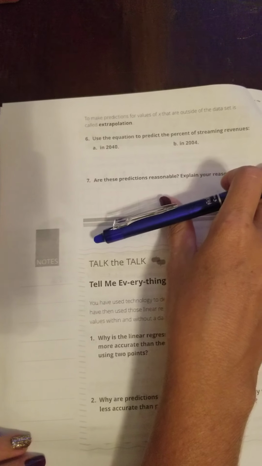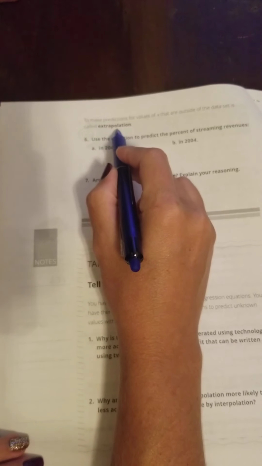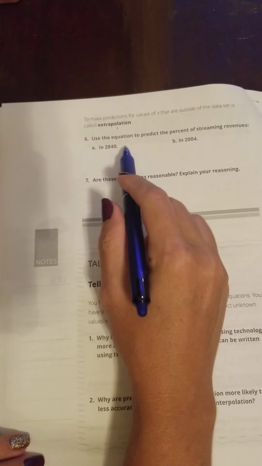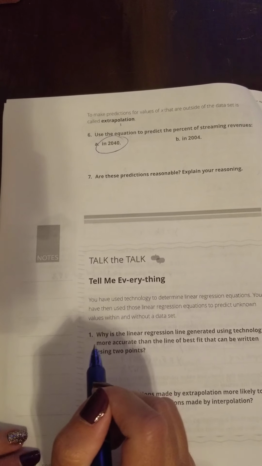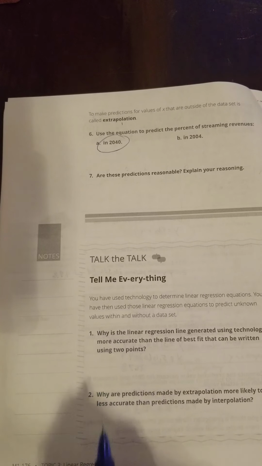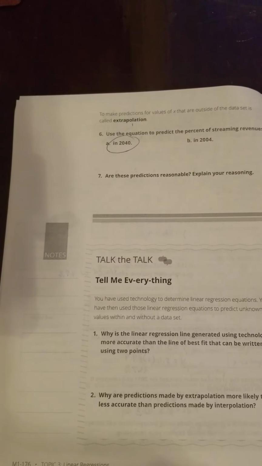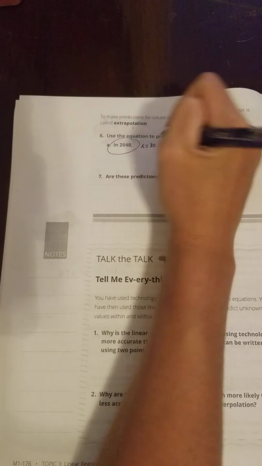To make predictions for values of x that are outside of the data set is called extrapolation. Use the equation to predict the percent of streaming revenues in 2040. So here we're going to say that x is 30.